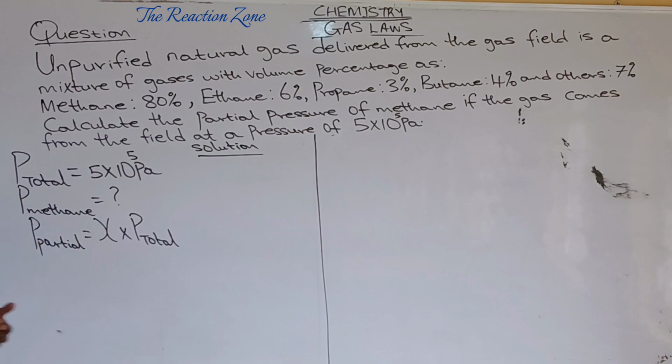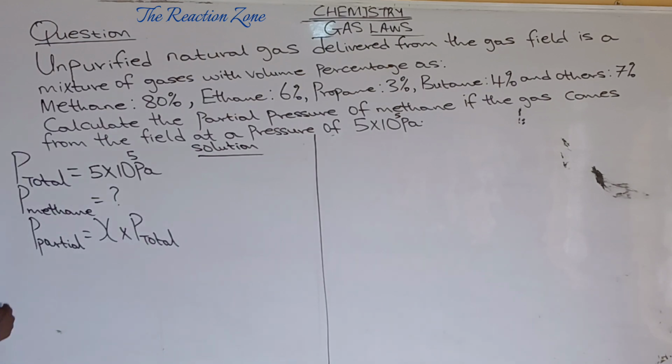And to get the mole fraction of the gas, we need to know the number of moles of that particular gas, as well as the total number of moles of all the gases in the mixture. But looking at this question, we are not given the number of moles of any of the gases. Instead, we are given their volume percentages.